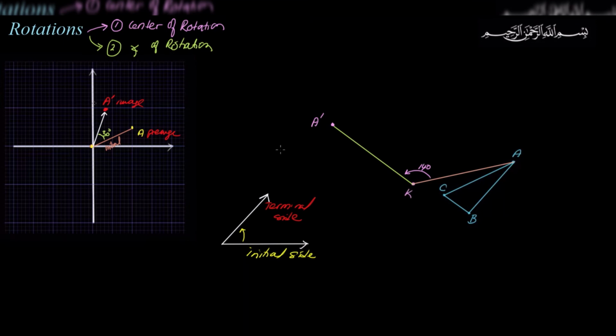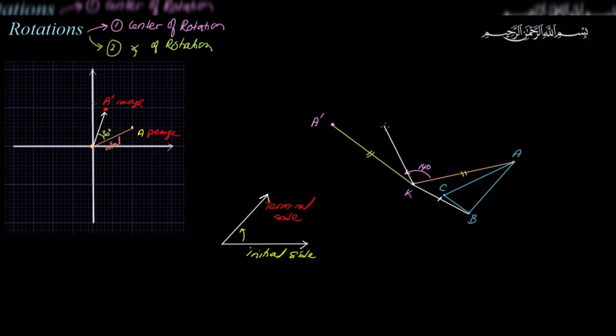Now, the very important thing to appreciate over here is that this distance has to be maintained. So if you rotate 140 degrees, the distance between the center of rotation and the point that you're rotating has to be maintained. And in the same way, you can rotate point B. You have to maintain this distance, and rotate it 140 degrees.